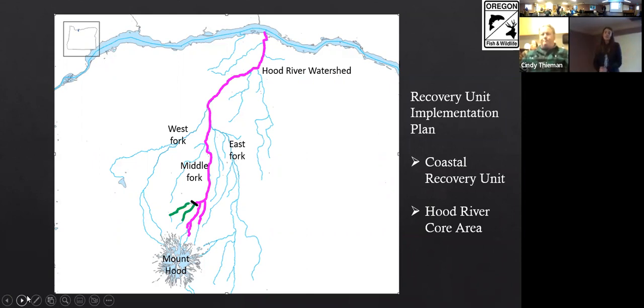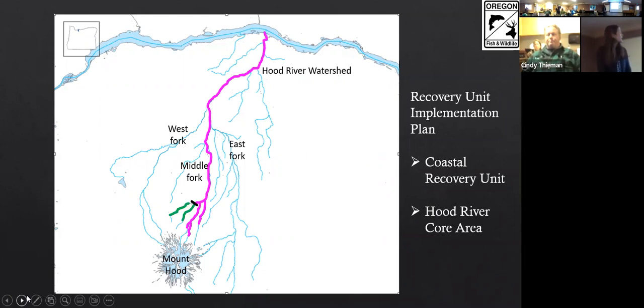And within that recovery plan, recovery units are identified. So the Hood River bull trout population is classified within what we call the coastal recovery unit. And then within those recovery units, there are core areas defined. And this gets at the Hood River core area, which encompasses all of the bull trout within the Hood River watershed.